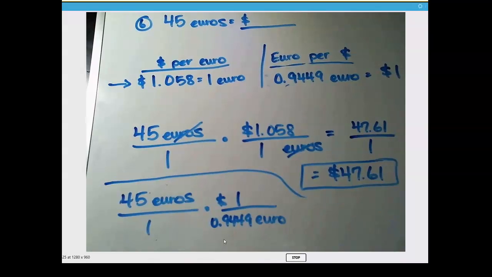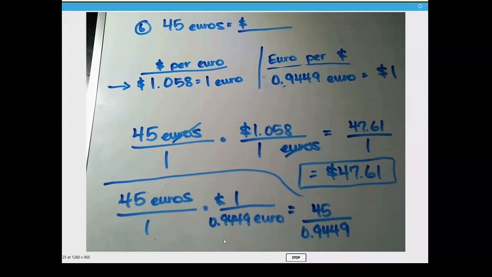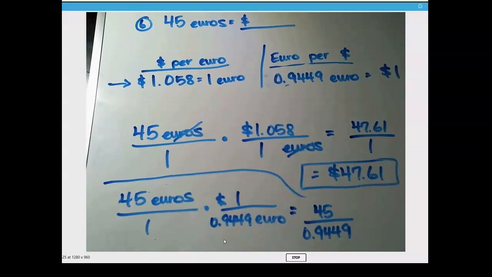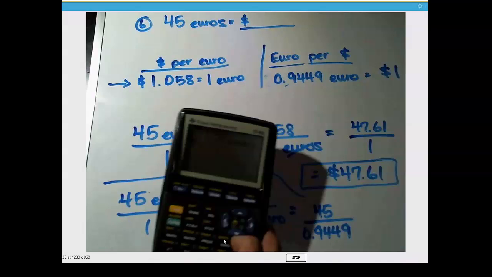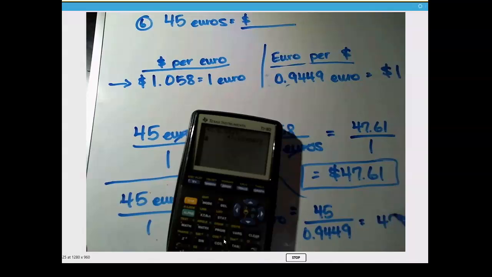When I go straight across for this one, I have to divide this to simplify. So 45 divided by 0.9449 gives me something really close, 47.62 instead now.